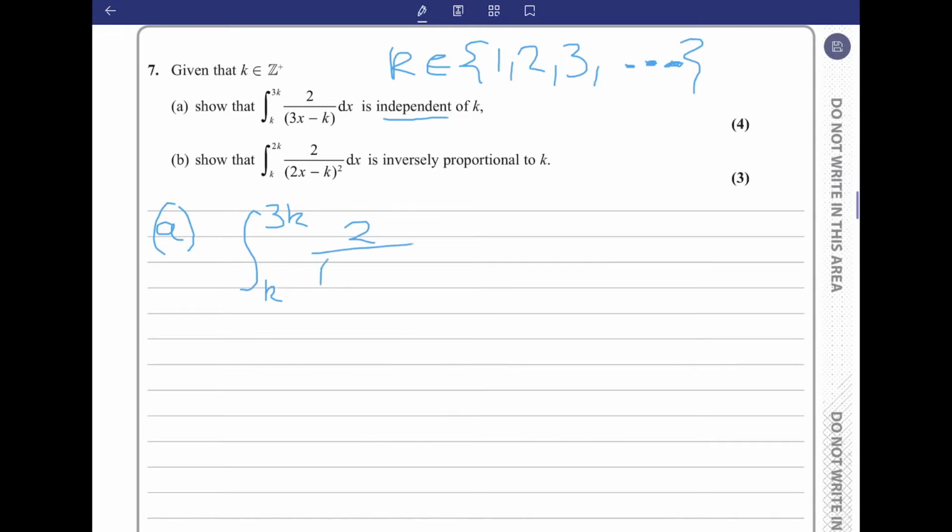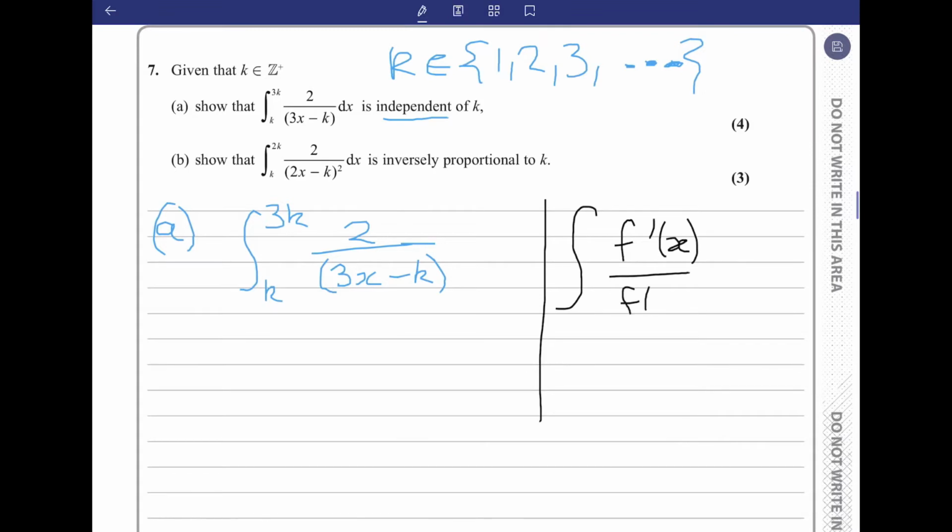2 over 3x minus k. In the formula booklet there is a result that looks something like this: the integral of 1 over x dx equals natural log x plus c.